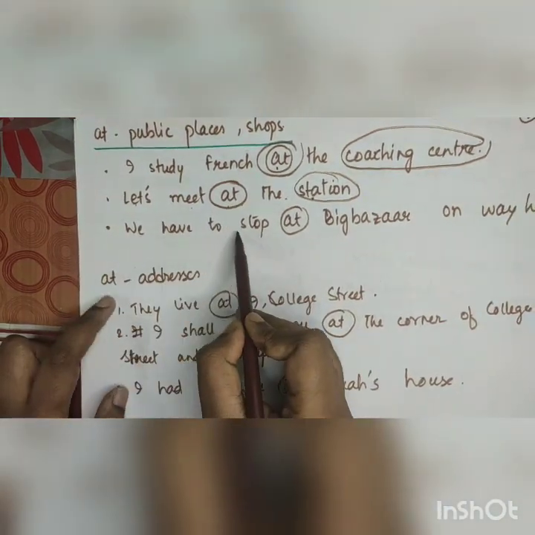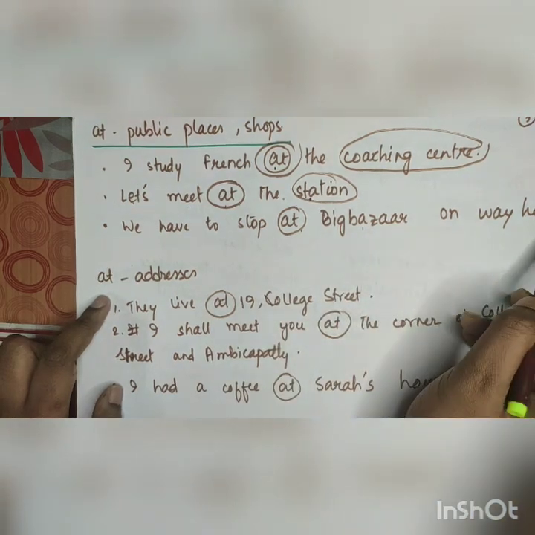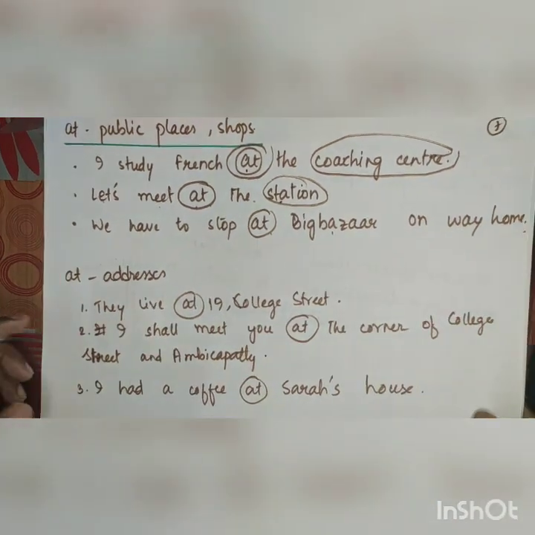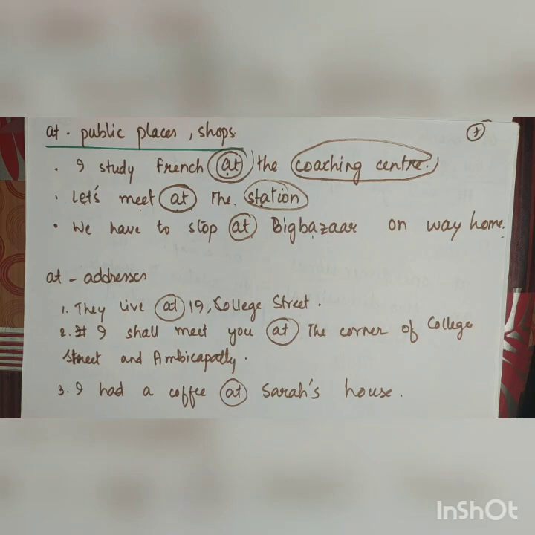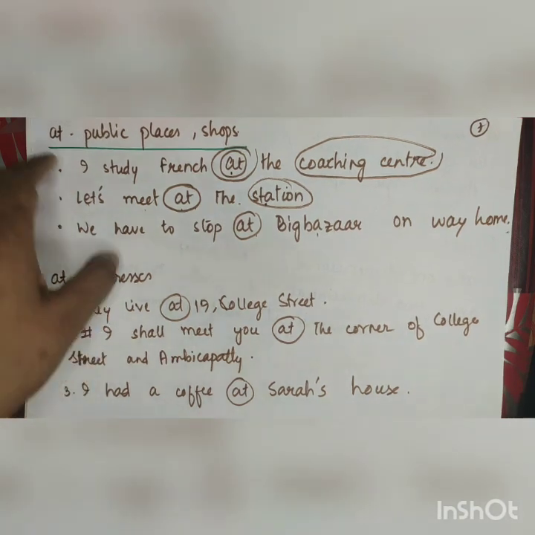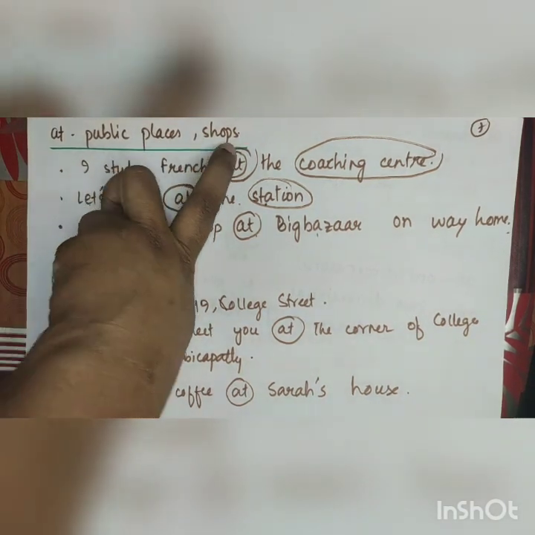We have to stop at Big Bazaar on the way home. So you are traveling from your uncle's house and you want to buy some grocery from Big Bazaar. So you will be stopping at Big Bazaar on your way back home. So at is used for public places and shops.